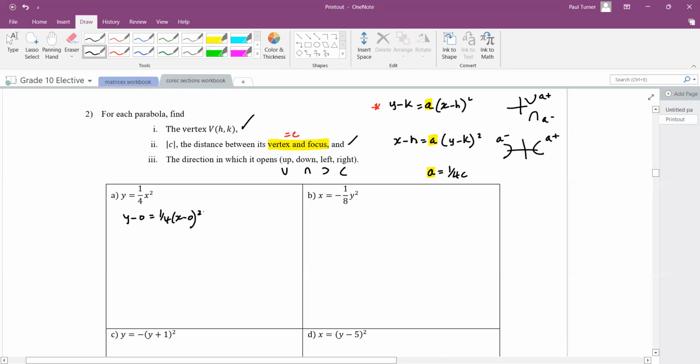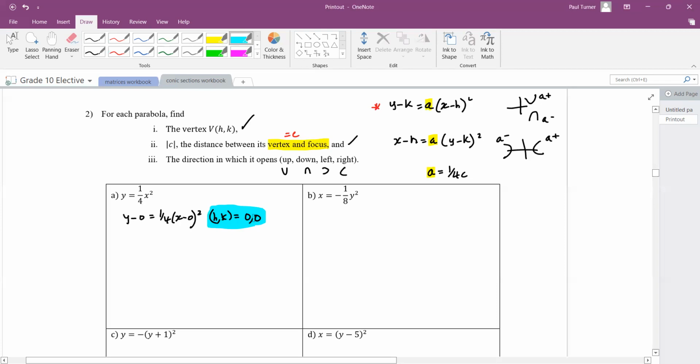Okay, so then we can see now that the vertex, which is (h, k), will be equal to (0, 0), using our first form up there. So the vertex is (0, 0).